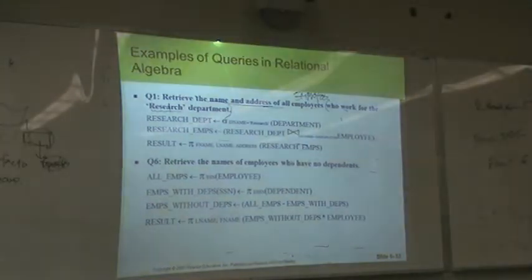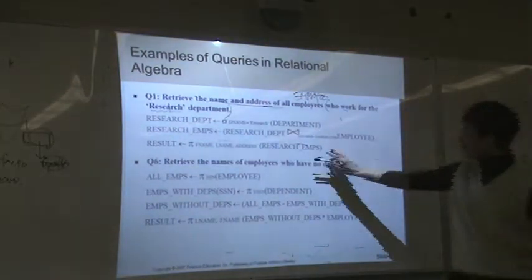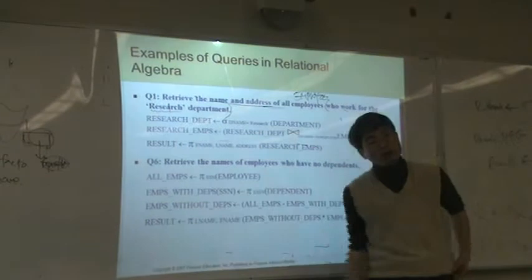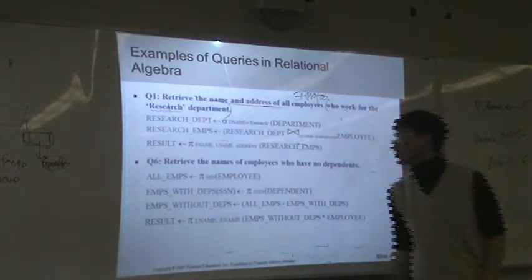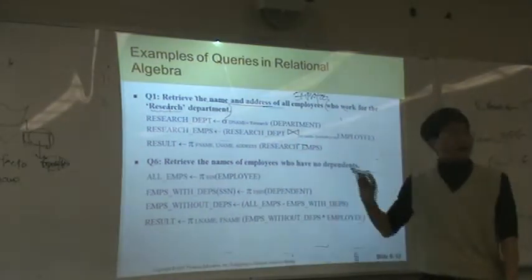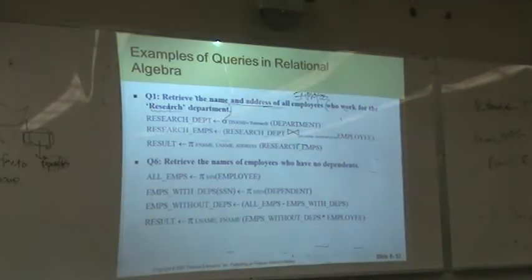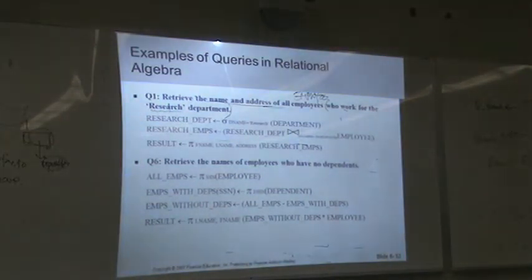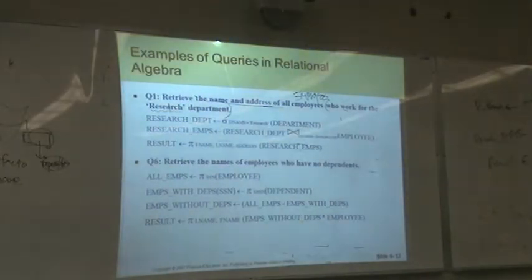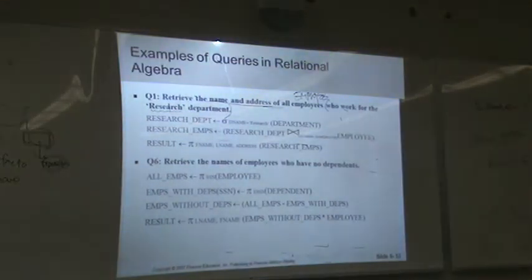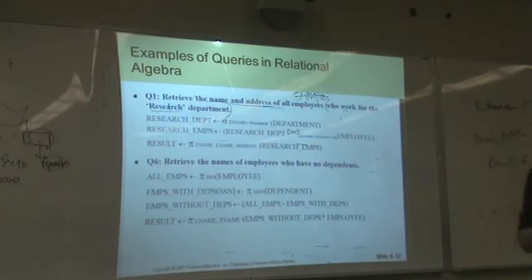That's correct. So retrieve the name of employee. That's okay. We can access the employee relation to access the names. However, who have no dependent? That means single, right? Or without child. So you understand. Which means we need to check the first employee.